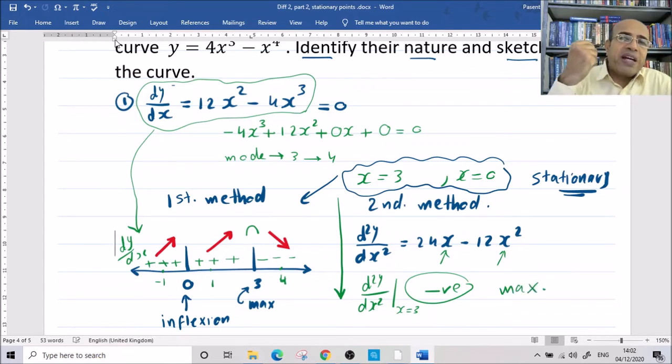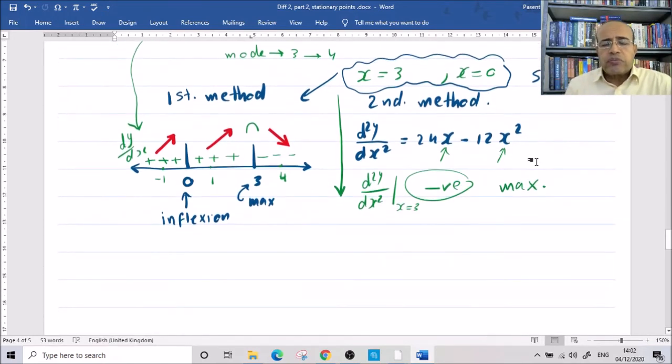So we have a maximum value at x equals 3. What about at x equals 0? When you replace x by 0 in d2y by dx2, you will get 24 times 0 minus 12 times 0. It becomes 0. So d2y by dx2 at x equals 0 equals 0.